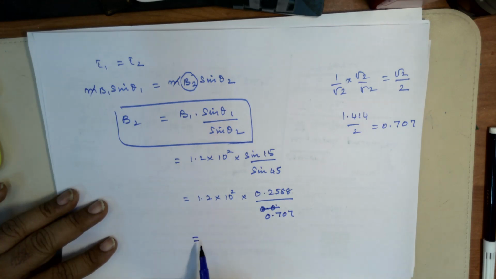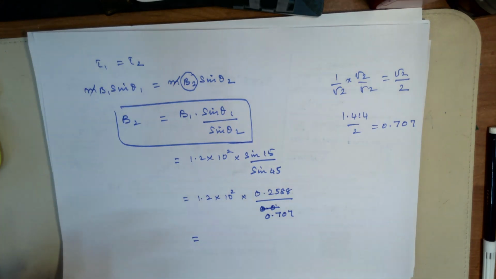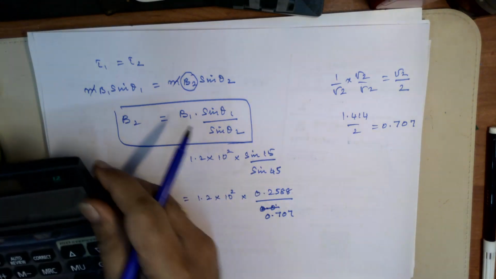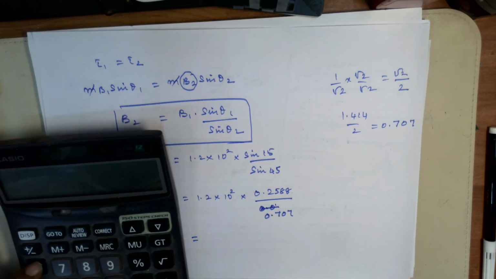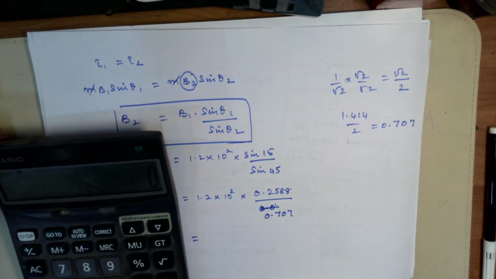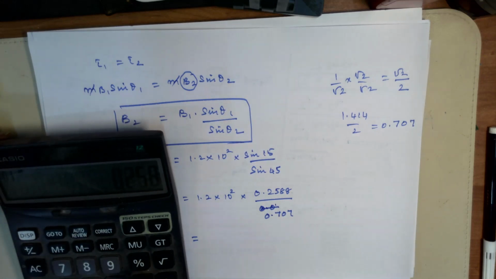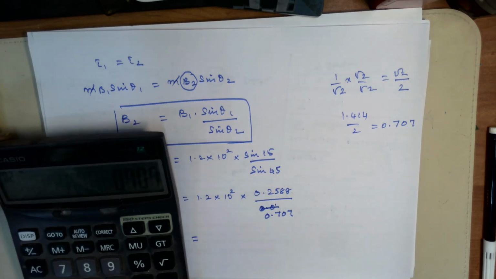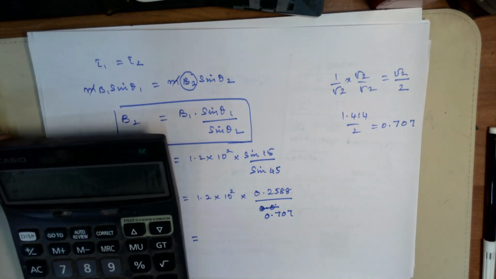So 1.2. Can you get me the calculator? 0.2588 divided by 0.707 is equal to 0.366, into 1.2.